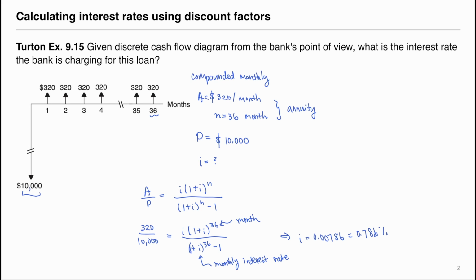And to get the yearly interest rate, we'll multiply by 12. 12 times 0.786% gives us 9.432. And we should probably round it with significant figures: 9.4% annual interest.